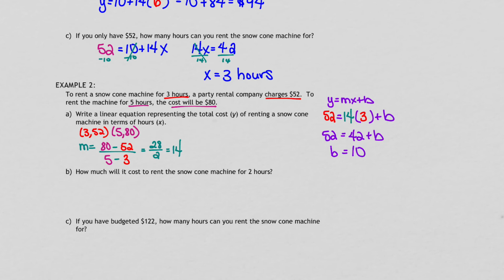So the equation of our line is, I'll change colors, y equals, changed the wrong one, mx plus b. y equals 14x plus 10. Surprisingly the same as the first example.